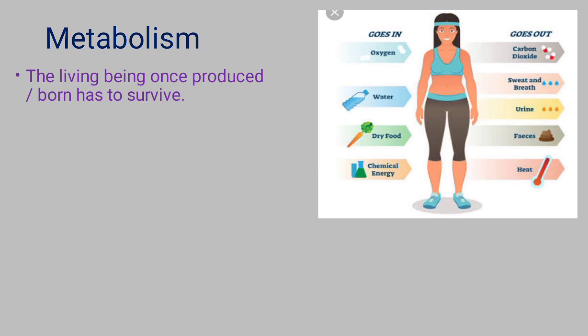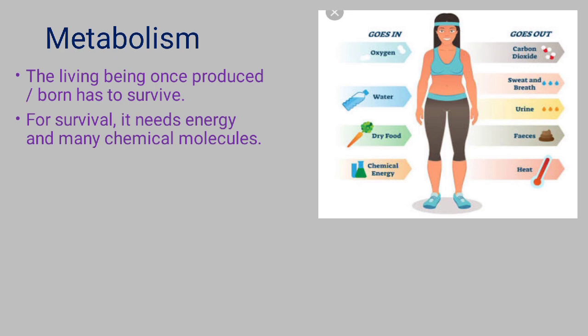Then whatever dry food we eat is excreted as feces, that is the excreta. Then the chemical energy which we take in is converted into heat, and also that energy is utilized for other metabolic activities. So whatever we take in the body is metabolized, and the metabolism results in different things. For survival, it needs energy and many chemical molecules.